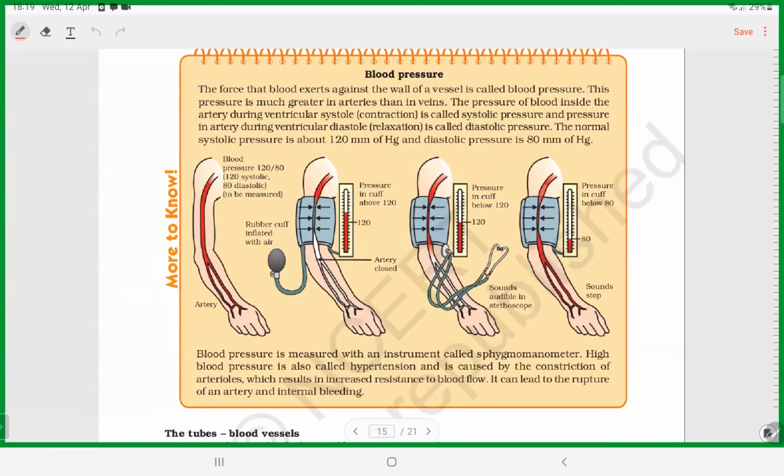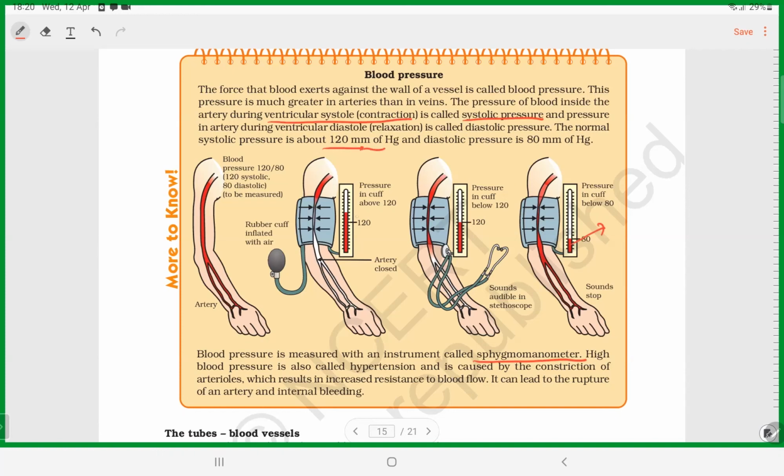Now, blood pressure is measured with the help of what? Sphygmomanometer. See how it works. You can see a mercury solution inside the instrument. Basically it measures the arterial pressure. Ventricular contraction, ventricular systole, creates systolic pressure which is 120 mm Hg.